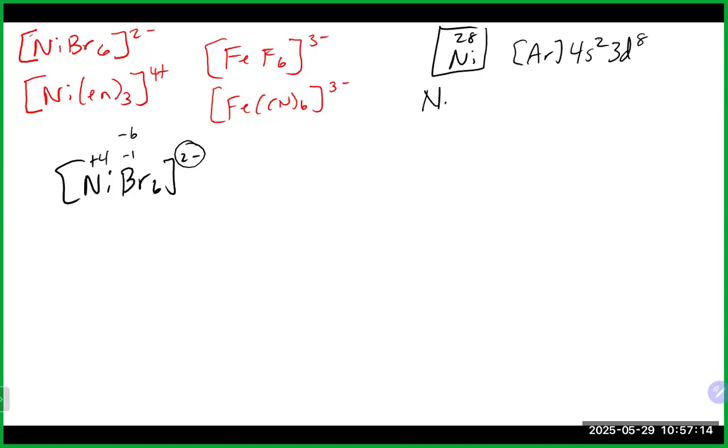Nickel with a +4 charge would have 24 electrons. Remember, as we talked about earlier, transition metals will lose the s electrons first and then come into the d, which means we will end up with argon 3d6. Those 6 electrons that come from the nickel is what we would distribute into our crystal field splitting.